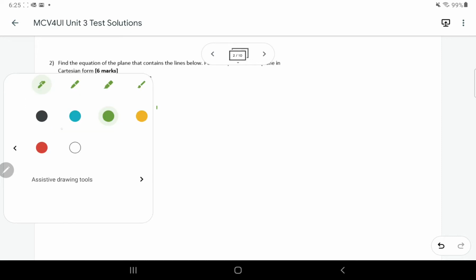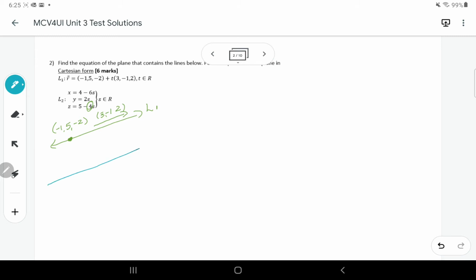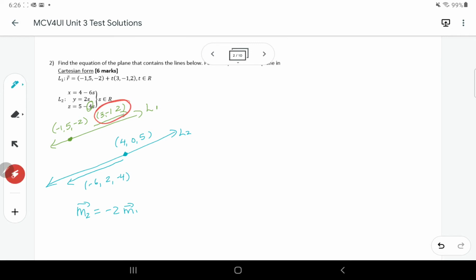And then we've got L2, and we have a different point, let's call that point 2, and this would be the point (4, 0, 5), and we have a direction vector along this line that is (-6, 2, -4). So we see that the direction vectors, m2 is -2 times m1.